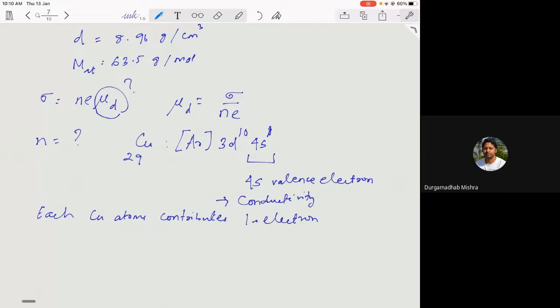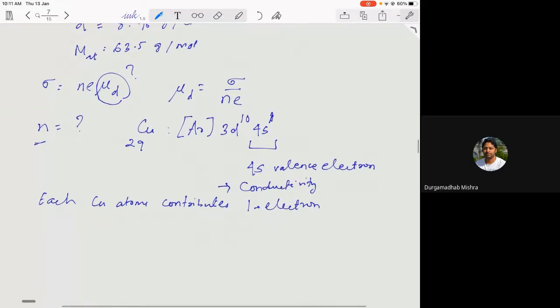So now, if we want to calculate what is N, N is nothing but the number of conduction electrons per unit volume. If we know the number of atoms per unit volume, and each atom is contributing one electron, we can know what is N.